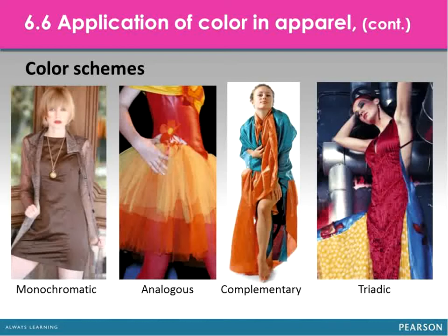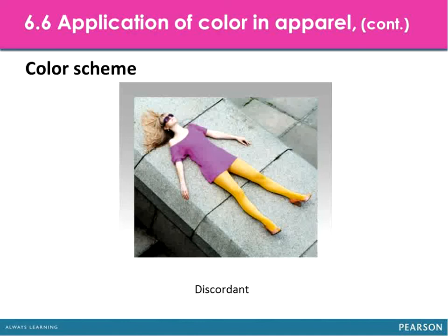Analogous has the red, orange, and yellow. Our complementary set here is orange and blue. And the triadic is that version of three of them, and we've got our primary yellow, red, and blue. This one's considered discordant because directly opposite the yellow is not purple on the color wheel.